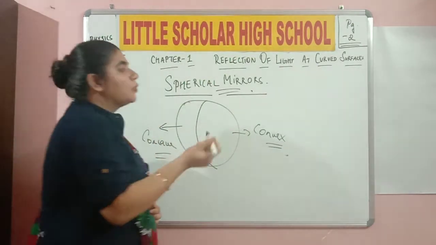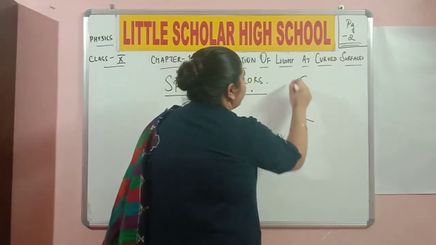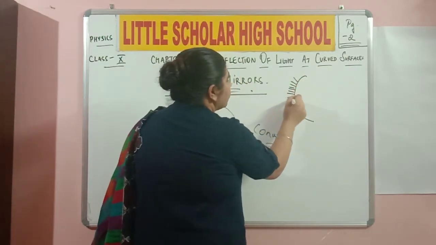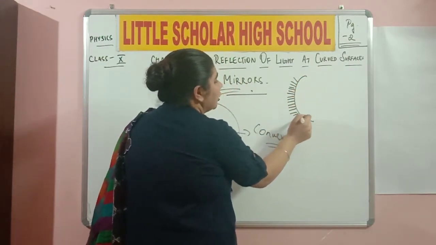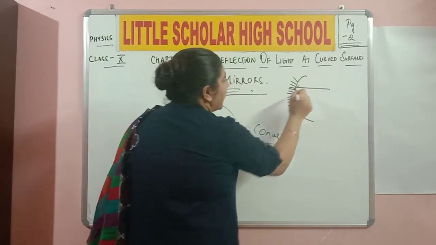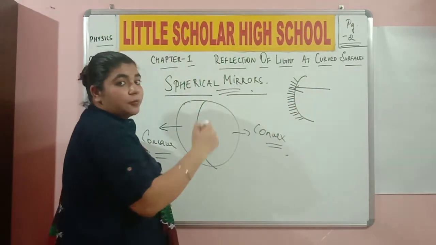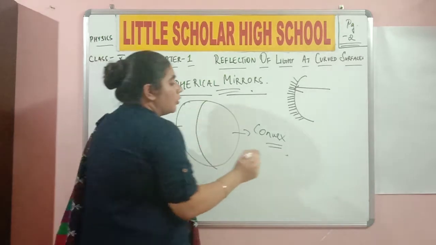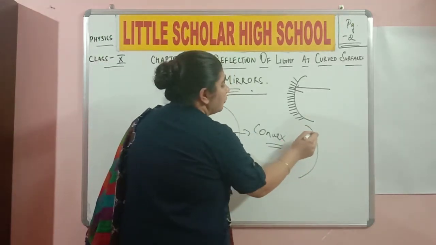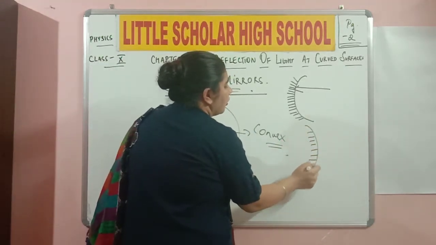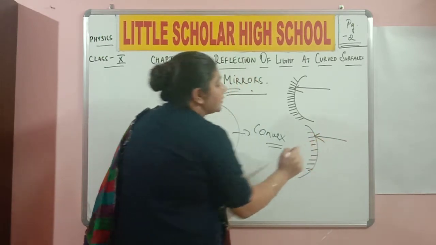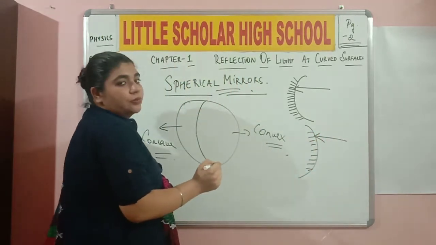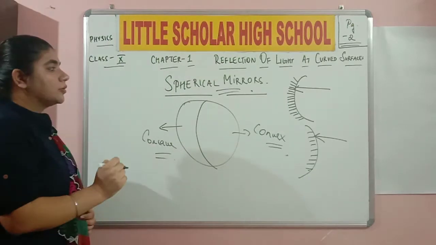You need to remember one more thing: in a concave mirror, you see these lines over here, these are the furnished portion. So the incident light is going to fall on the interior portion in a concave mirror, and in a convex mirror, the incident light is going to fall on the bulged portion. You need to remember these two things.